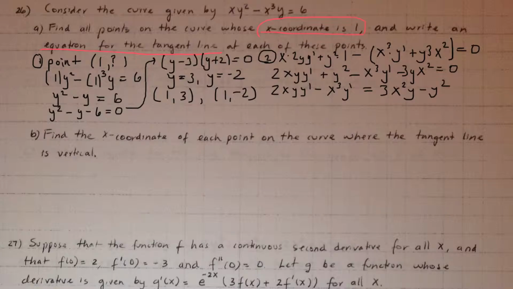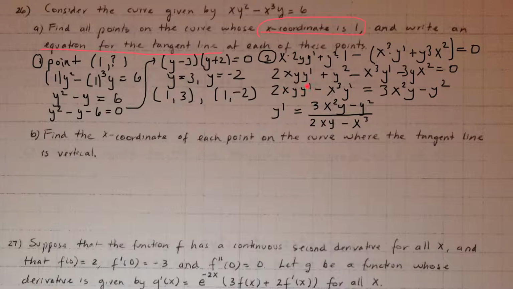Okay, and the last thing is I'll factor out y prime and divide by its factor. But I think we can do it all in one step. So I'll just say y prime equals 3x squared y minus y squared all over 2xy minus x cubed.